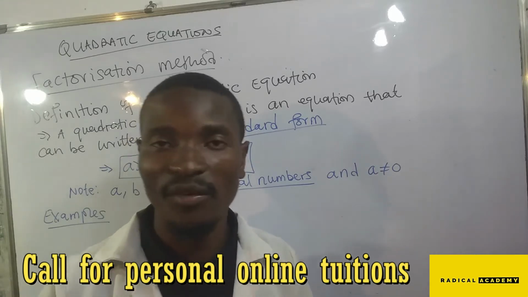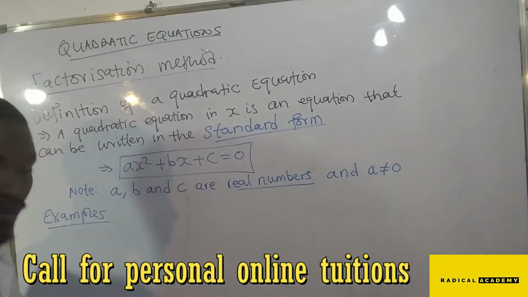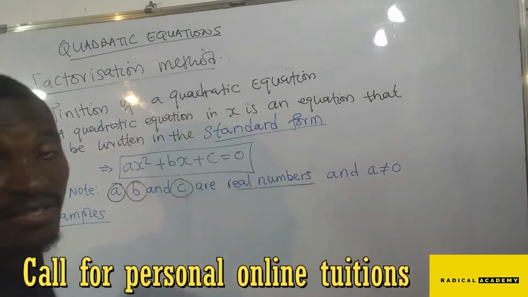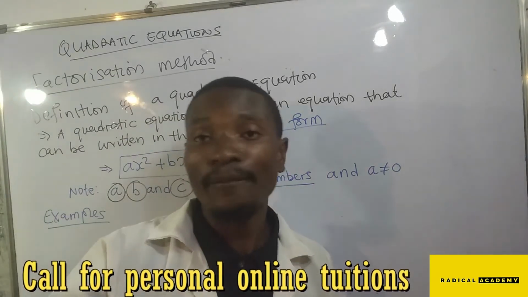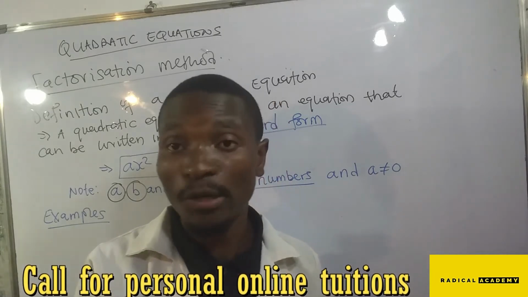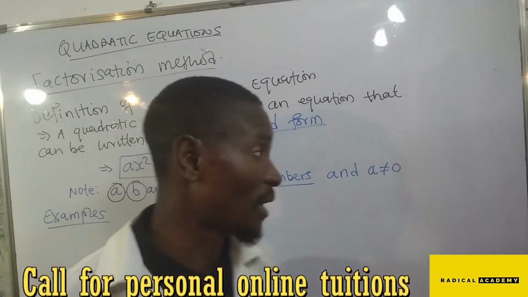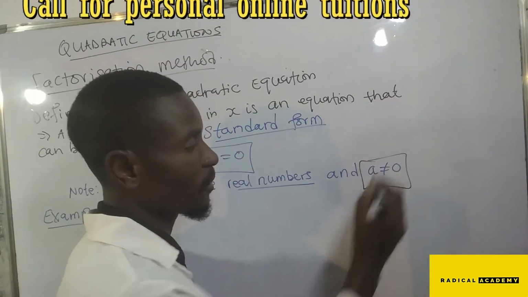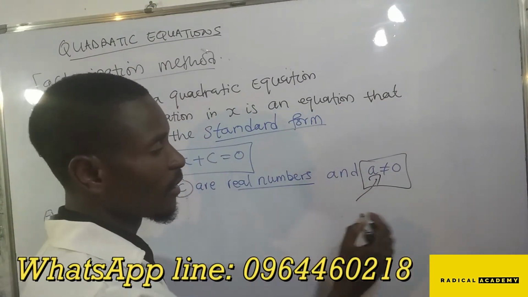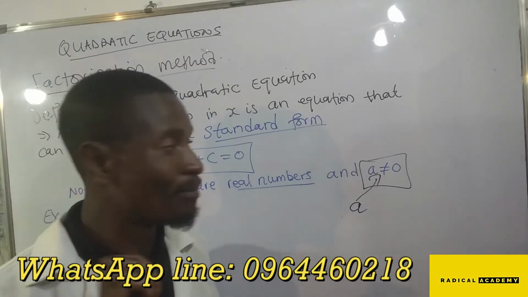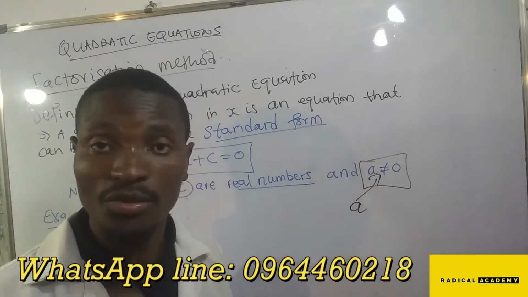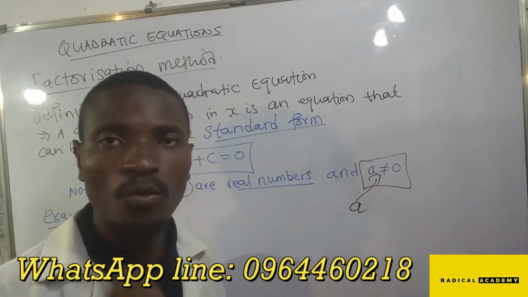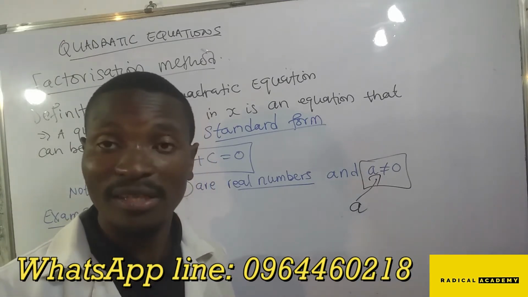The a, b, c just represent that they can be any normal real numbers. Now, the emphasis in this case is that a should not be equal to 0, because once your a is equal to 0, then we are not solving a quadratic equation.